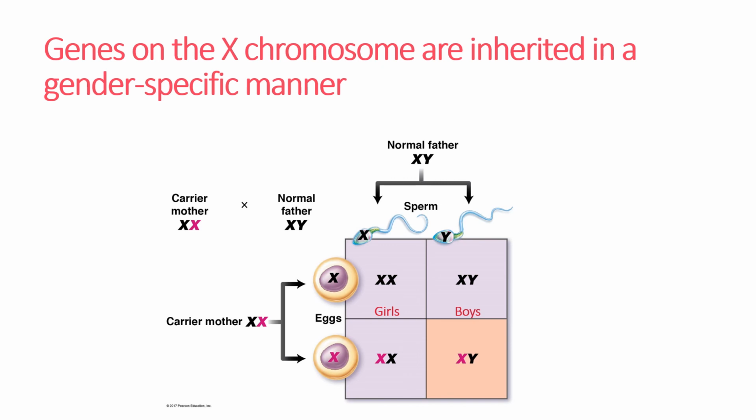Of course, moms, because they have 2 X's, will produce eggs that are carrying X chromosomes. When an X chromosome carrying egg meets an X chromosome carrying sperm, girls are produced. When an X chromosome carrying egg meets a Y carrying sperm, boys are produced.